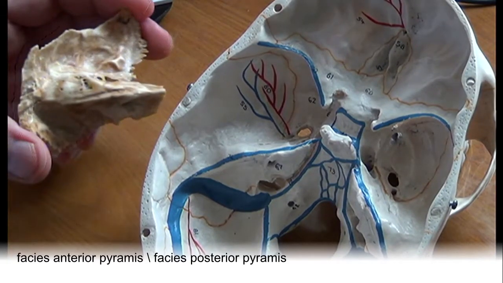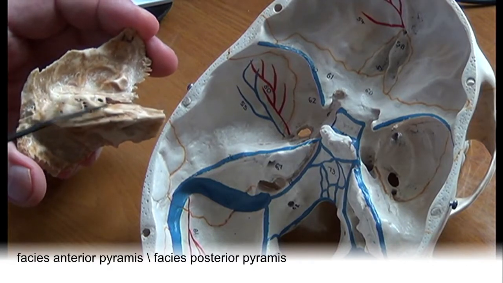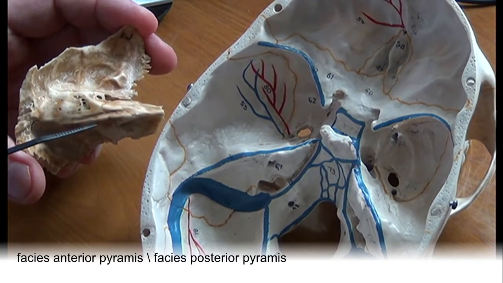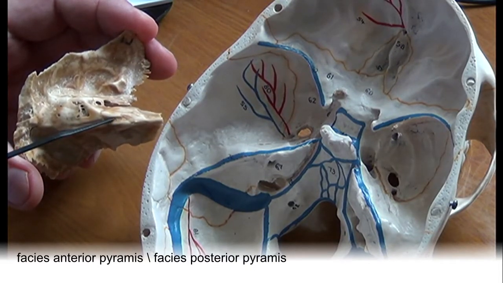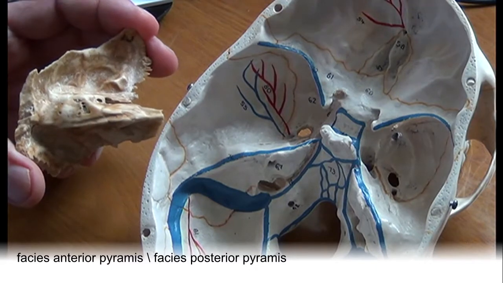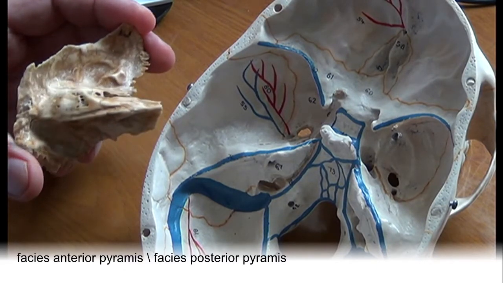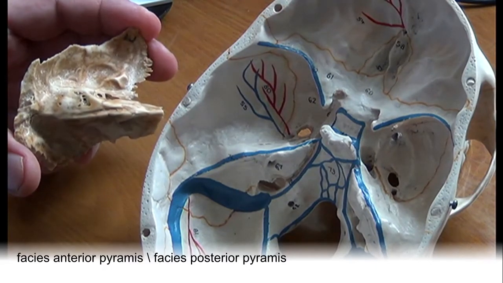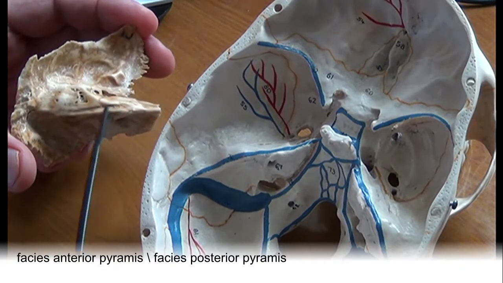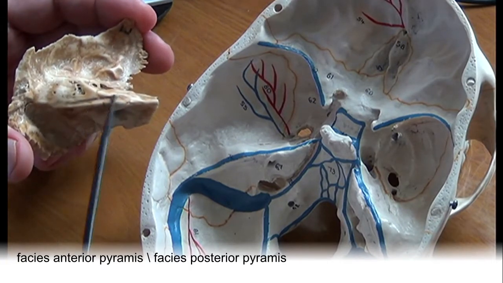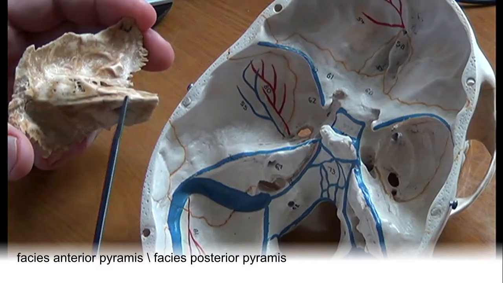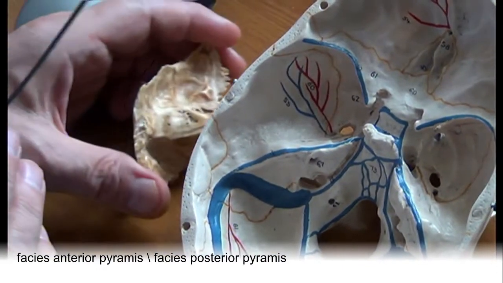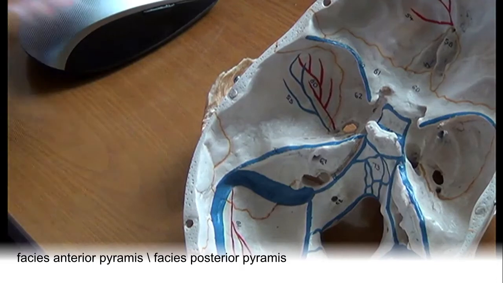So let me put you a question. What is the border between facies anterior pyramis and facies posterior pyramis? The right answer should be sulcus petrosus superior. Let me write it down.